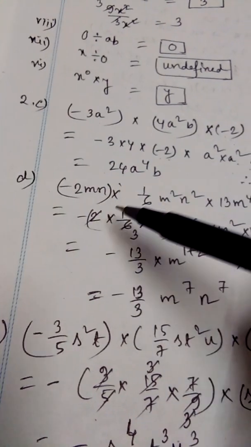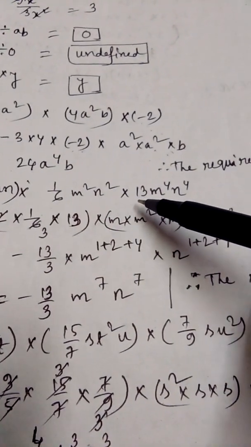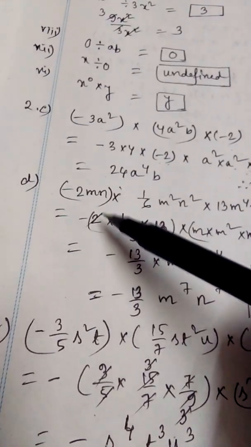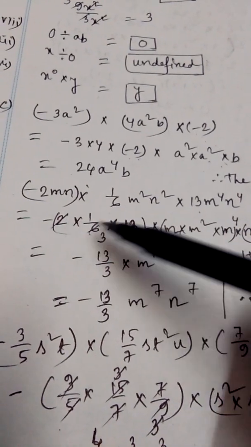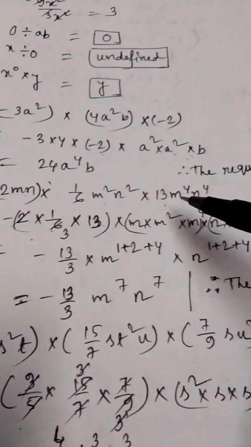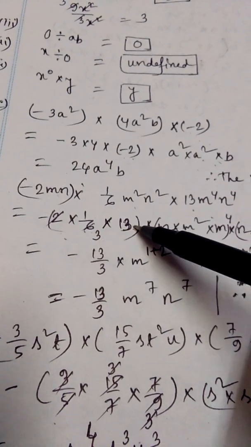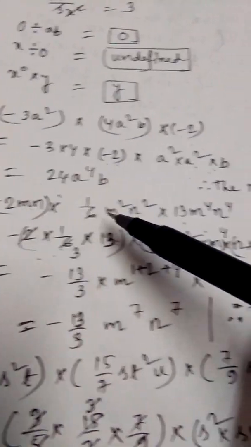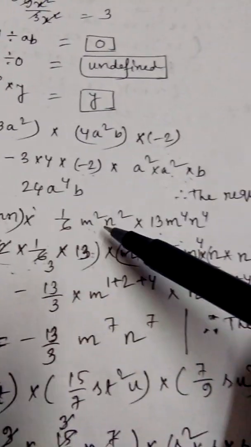In problem number B, we see that minus 2mn into 1 by 6 into m square n square into 13 m to the power 4 n to the power 4 equals minus 2 into 1 by 6 into 13. All these are numerical coefficients of these algebraic expressions. We will multiply these coefficients first, then m square into m to the power 4 into n square into n to the power 4.